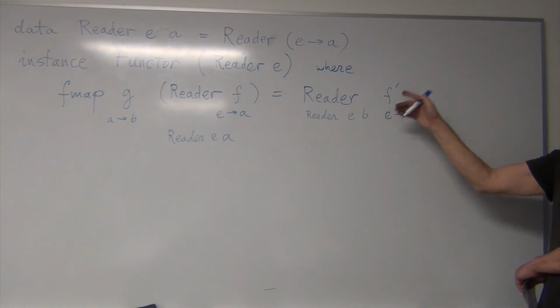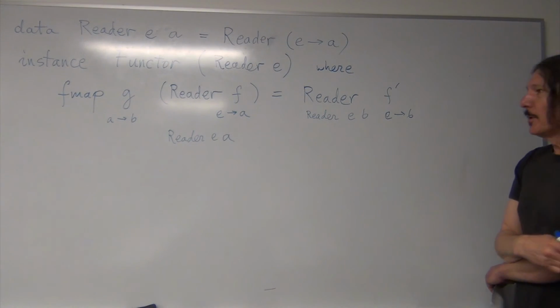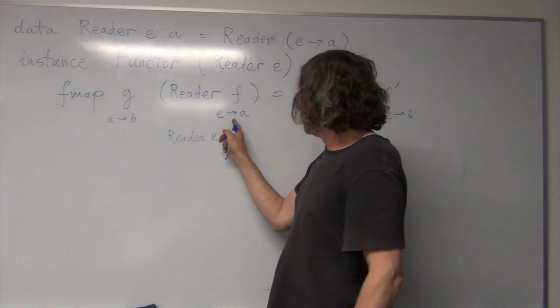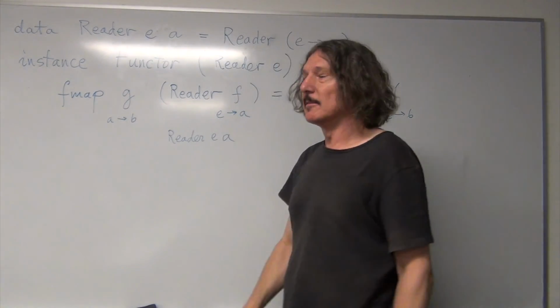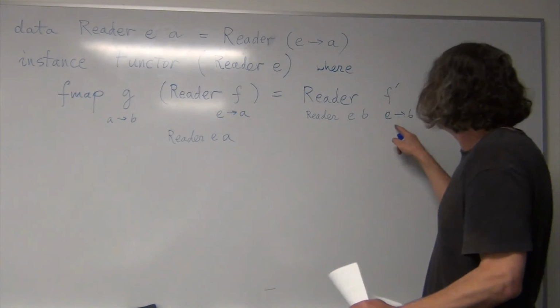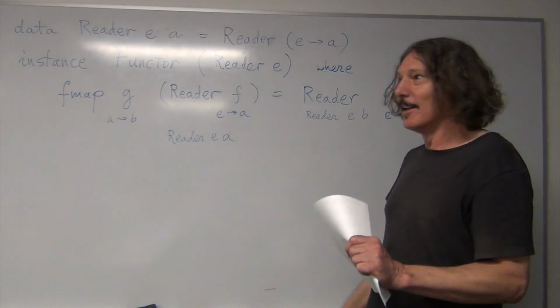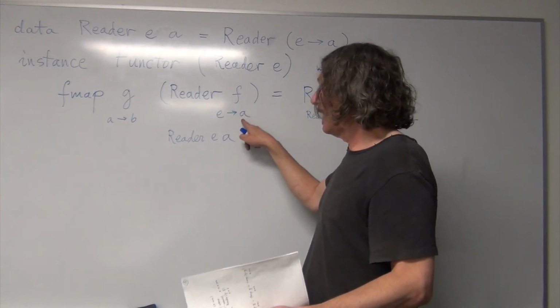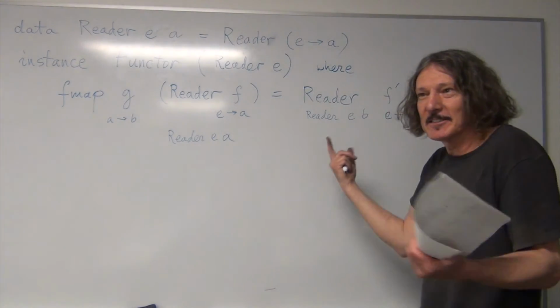So how do we get a function like this that goes from E to B? We have at our disposal 2 functions, A to B and E to A. Can we just manipulate them a little bit to get a function from E to B? Okay, well, from E to A and then from A to B, right? That's a function composition.